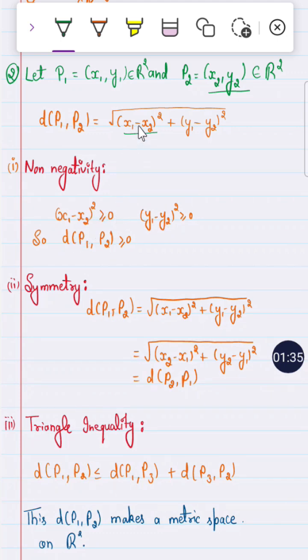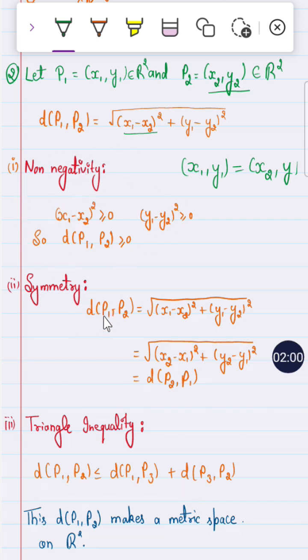Now if (x1, y1) equals (x2, y2), then x1 equals x2 and y1 equals y2, so it becomes 0. So the first property, non-negativity, holds.